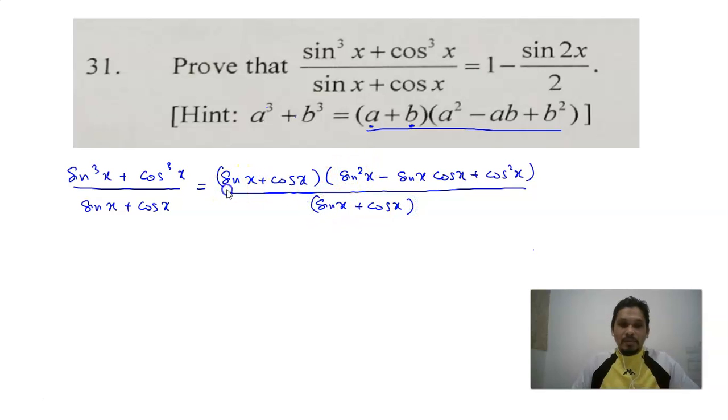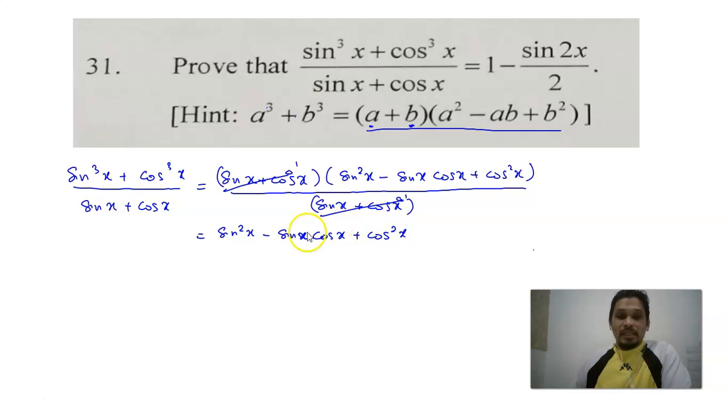Okay, now sine x plus cos x divided by sine x plus cos x, leaving sine square x minus sine x cos x plus cos square x. Okay, do you have any idea what will be the next step? Look at this, it ends up the answer is 1 minus sine 2x.